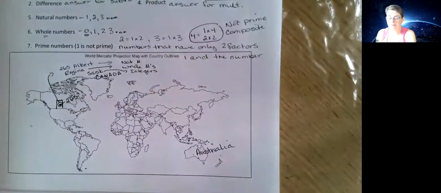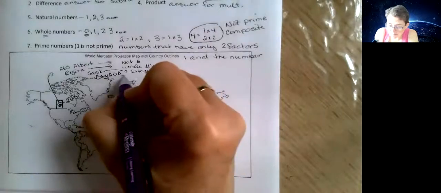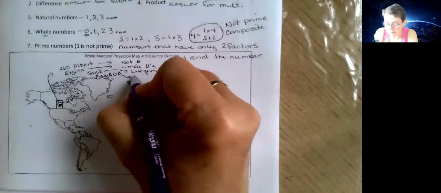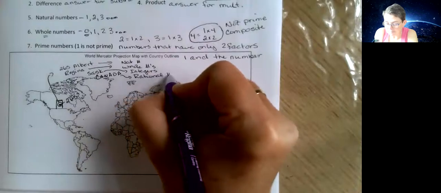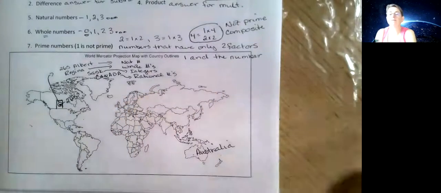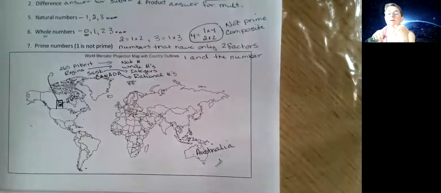Positive and negative numbers. And if you go one more layer, even bigger, you get the rational numbers. Those are the ones that include all your fractions and decimals, so they're the terminating and repeating decimals.